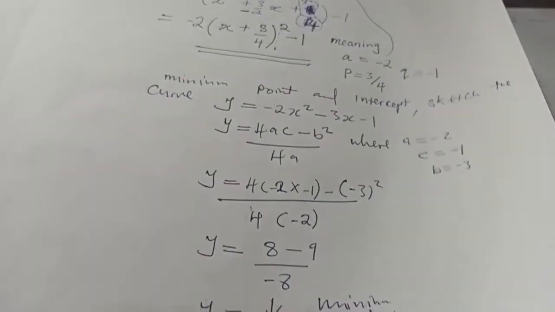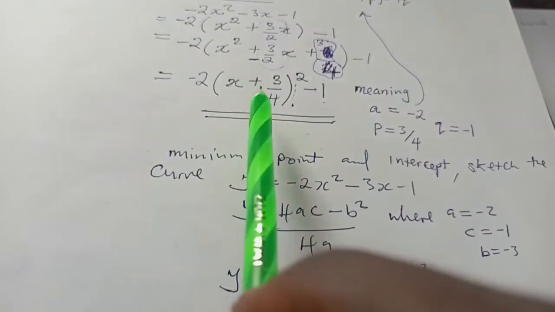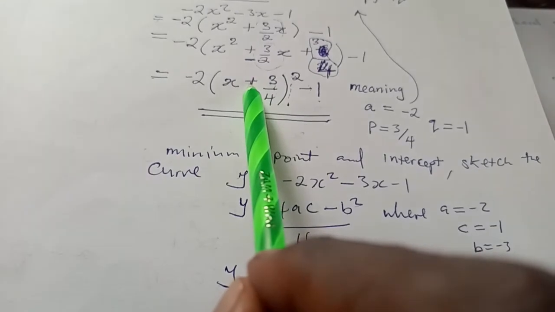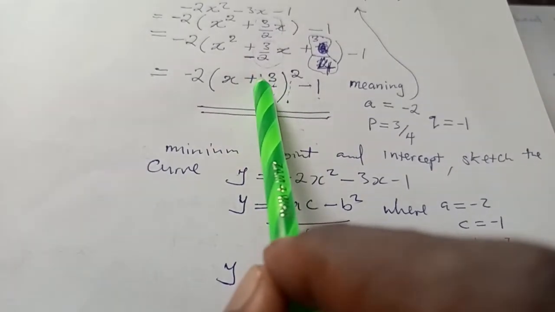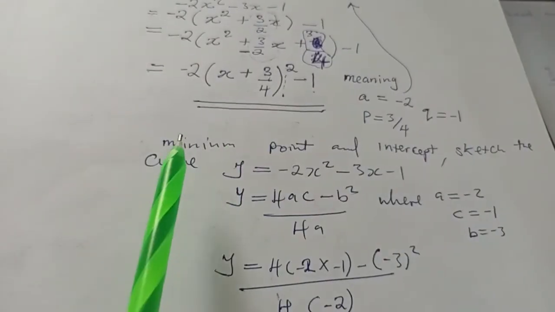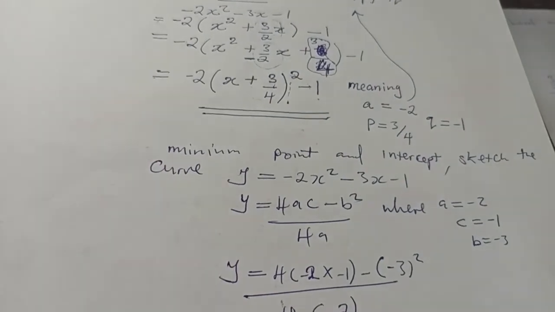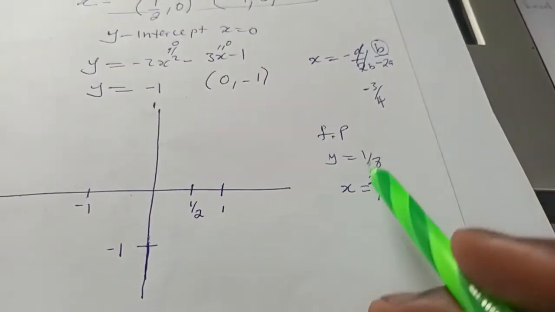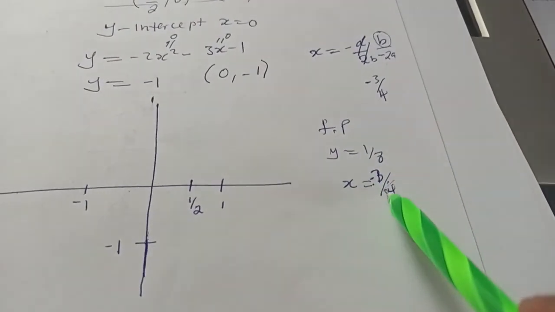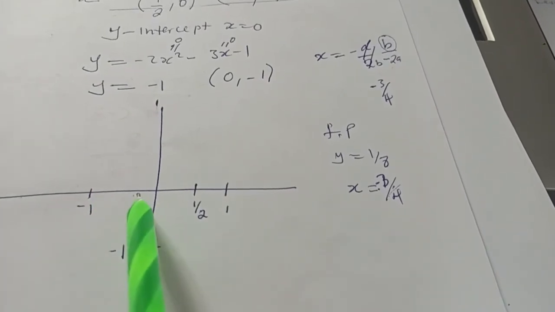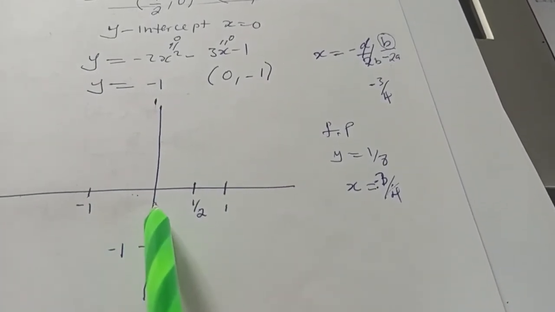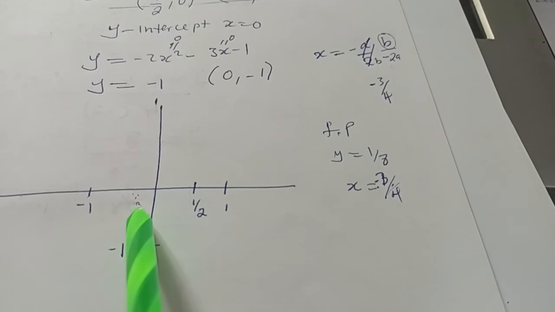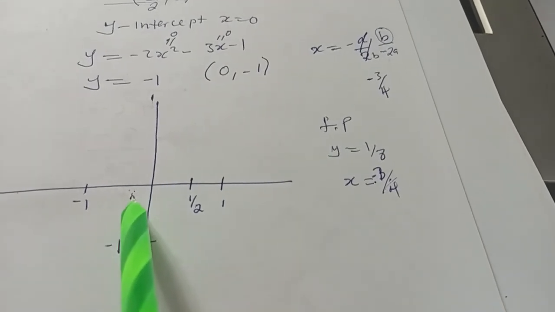Let's check here. So when it is having a positive, you multiply times the negative like that. It is very correct. So the turning point is negative 3 over 4, comma 1 over 8, somewhere there.